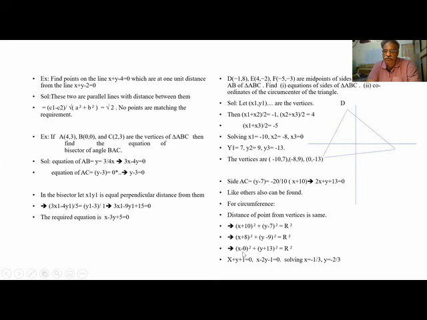So I can use this in both solutions. These are the two equations I get when solving this, and when I solve these two, I get the circumcenter point as (minus 1/3, minus 2/3). So I am showing the procedure of how to proceed.